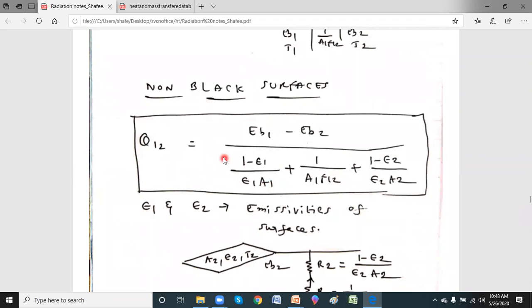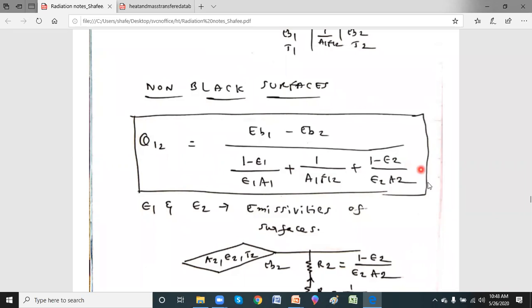If you take it from the denominator, that 1 by A1 will be outside. So it becomes 1 minus epsilon 1 by epsilon 1 plus 1 by F12, because A1 we have already taken common, plus 1 minus epsilon 2 by epsilon 2 into, because I have taken A1 out, I have to multiply by A1 here.